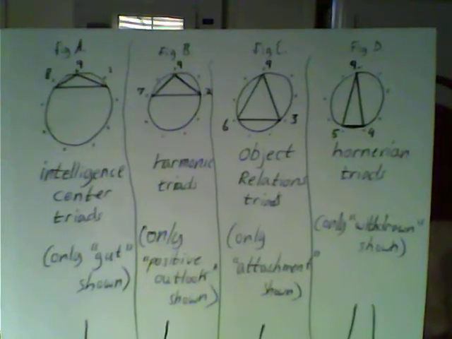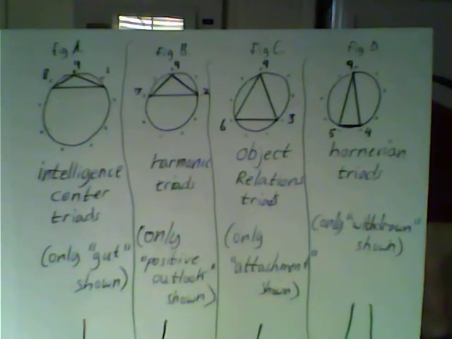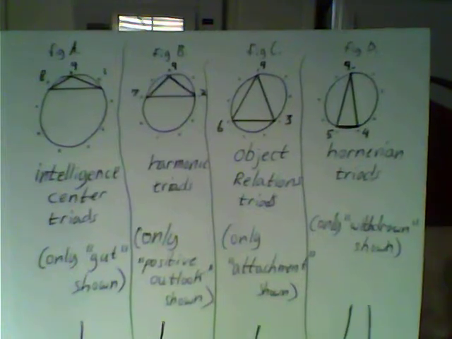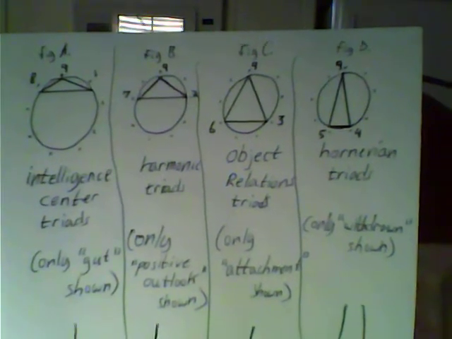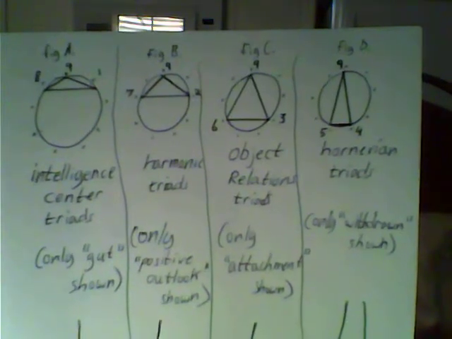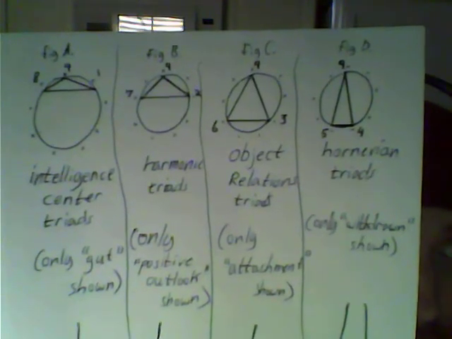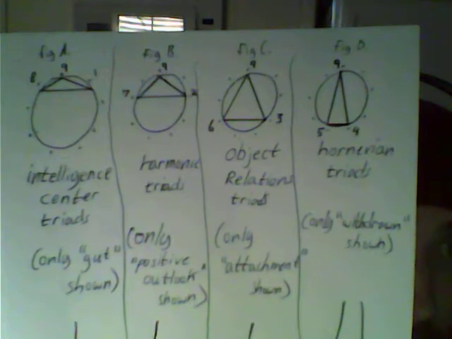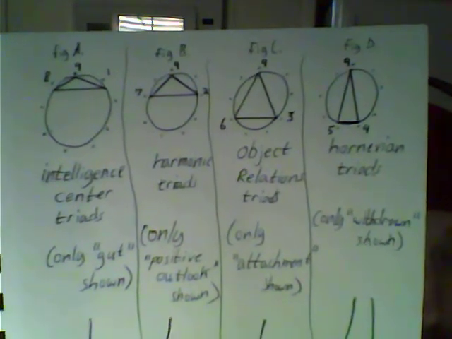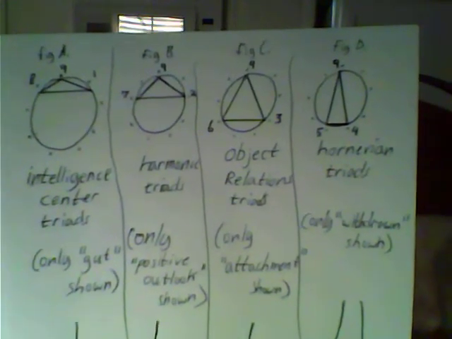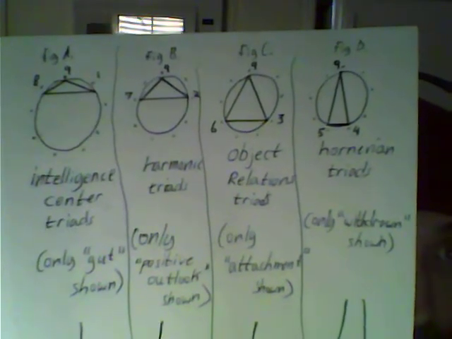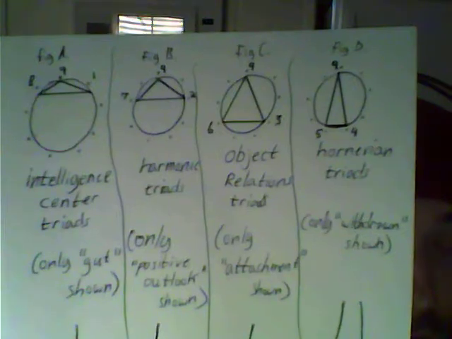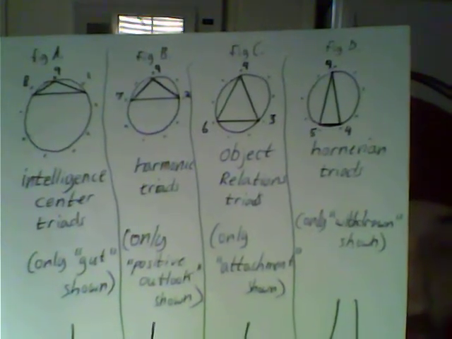And then figure D, you've got a Hornevian triad, the withdrawn triad, 9, 4, and 5. These are examples of the 4 commonly recognized triads, or triadic sets, whatever you want to call them, currently talked about in enneagram.